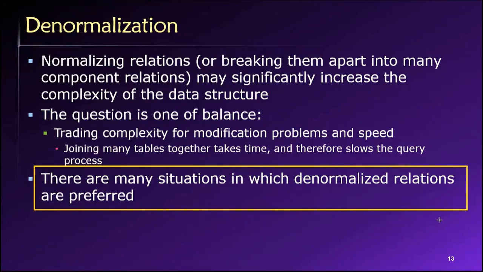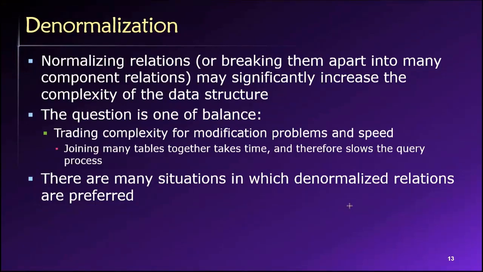We're trying to improve the speed of our queries. Now, before proceeding, I want to say this here, and I've said it before, and I'll say it again. When we are doing denormalization, people that are relatively new to this fall into the trap of making big changes to the structure of the database.